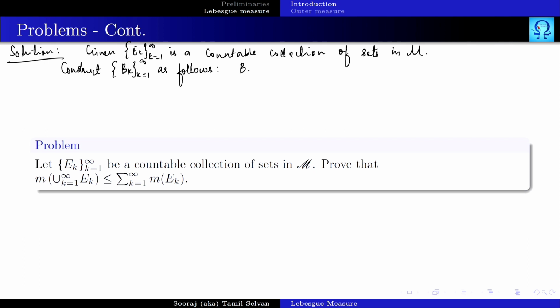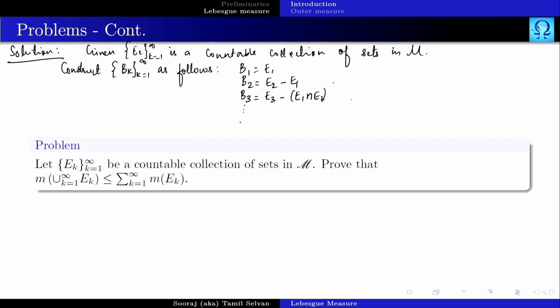B1 is simply E1. B2 is E2 minus E1 intersection E2. Sorry, it is simply E2 minus E1, right? And this is this quantity.